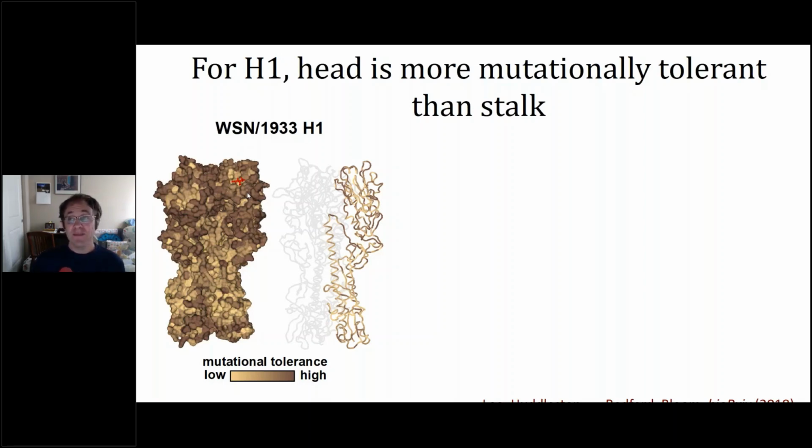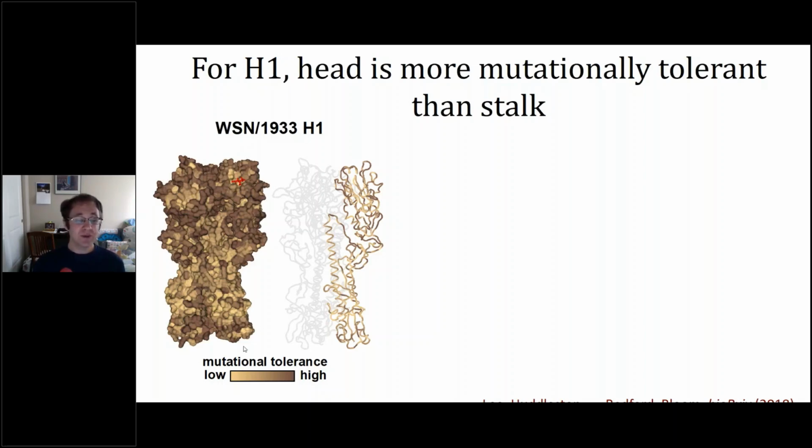But as I've already described to you, natural evolution also puts a lot of pressure for mutations to occur in the head because there are antibodies targeting the head. So when we look at natural sequences, formally we cannot say if the head is more variable than the stalk because the head is better at tolerating mutations or simply because it's under more pressure to accumulate mutations.